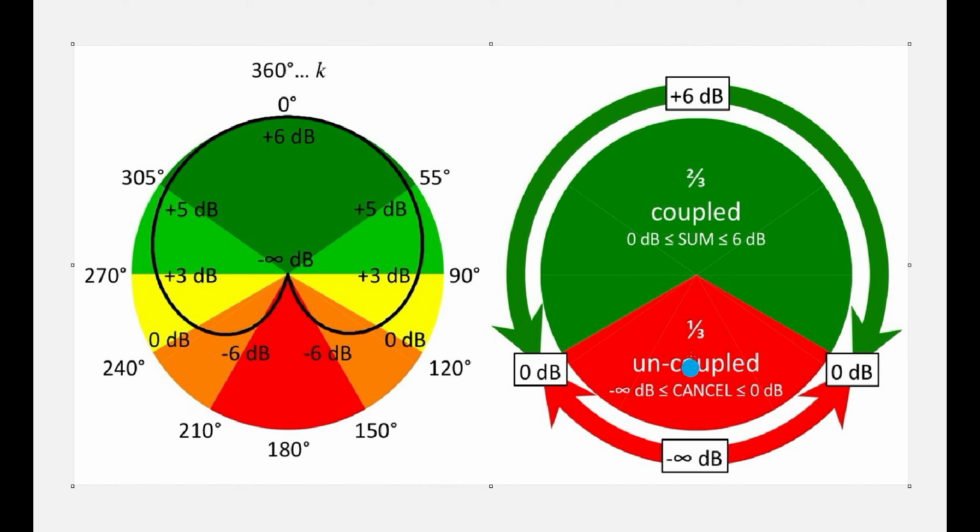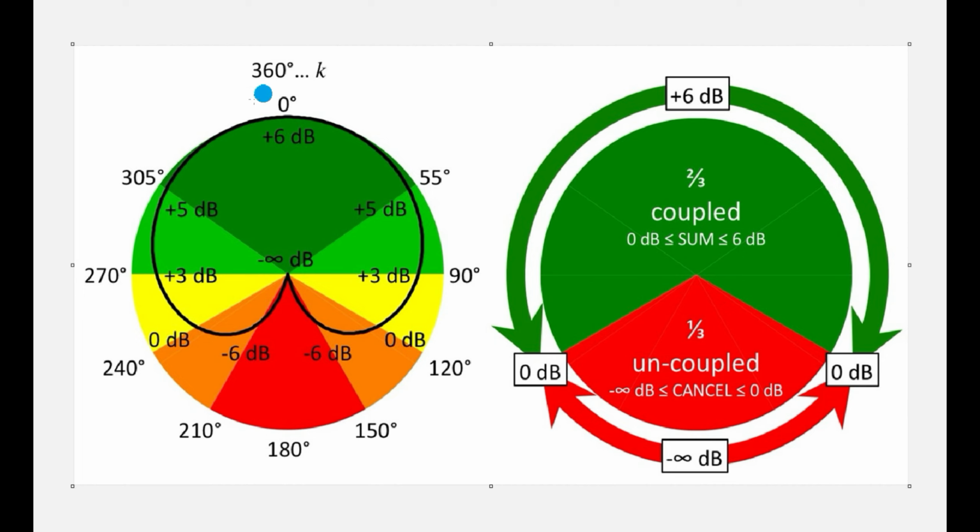And a 1/3 chance that you will get between 0 and some sort of infinite cancellation, right? So the odds are good that if you just randomly align 2 speakers, 2/3 of the time they will probably sum up, or at least not give you a worse outcome than the single speaker measures.